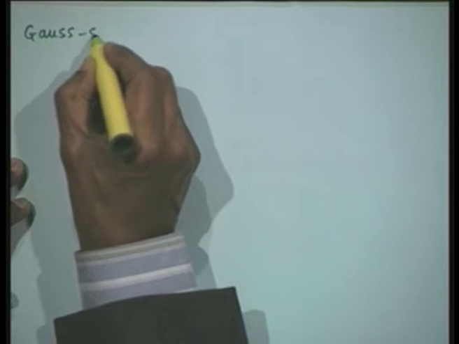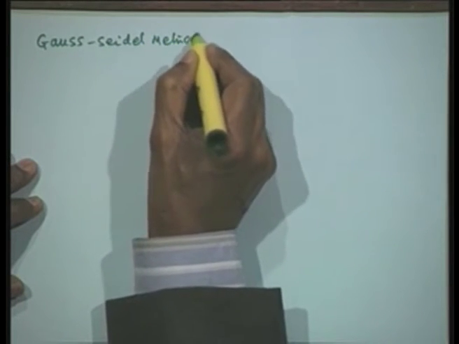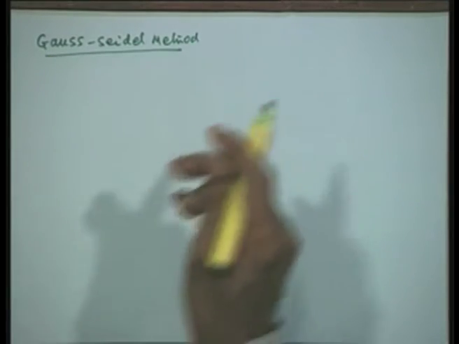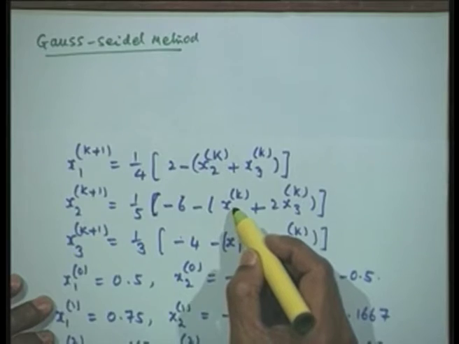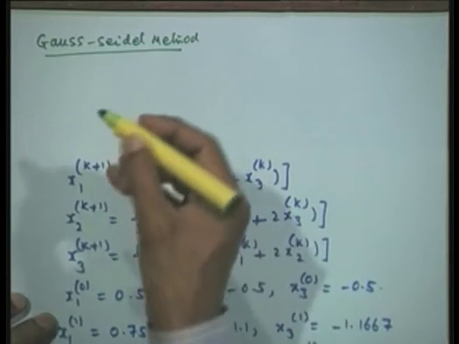Now, let us take the Gauss-Seidel. So, let us do Gauss-Seidel. Whatever we have written here will now be rewritten, except that here we will have x 1 k plus 1 and here both of them will be at the k plus 1th iterate. So, let us rewrite this system.